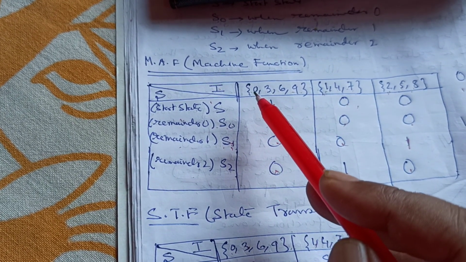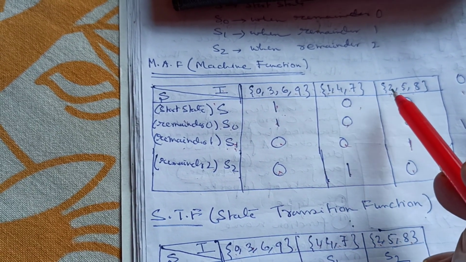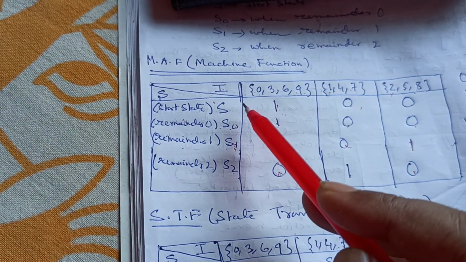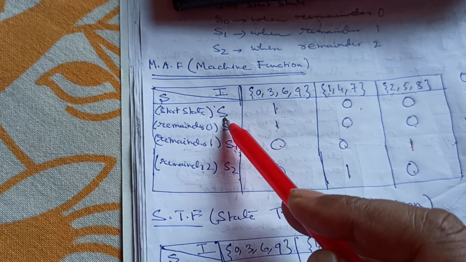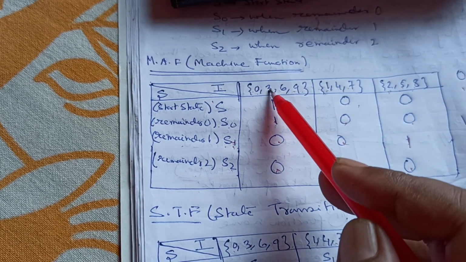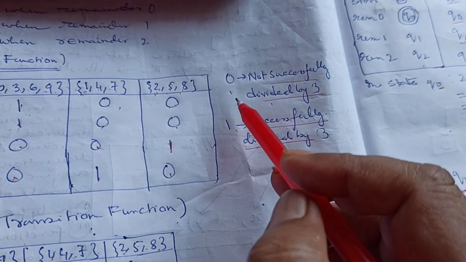One is 0, 3, 6, 9, the other is 1, 4, 7, and another is 2, 5, 8. Now for 0, 3, 6, 9, suppose you are in state S, then it will be divided by 3, so the output is 1. Here we have taken two assumptions.